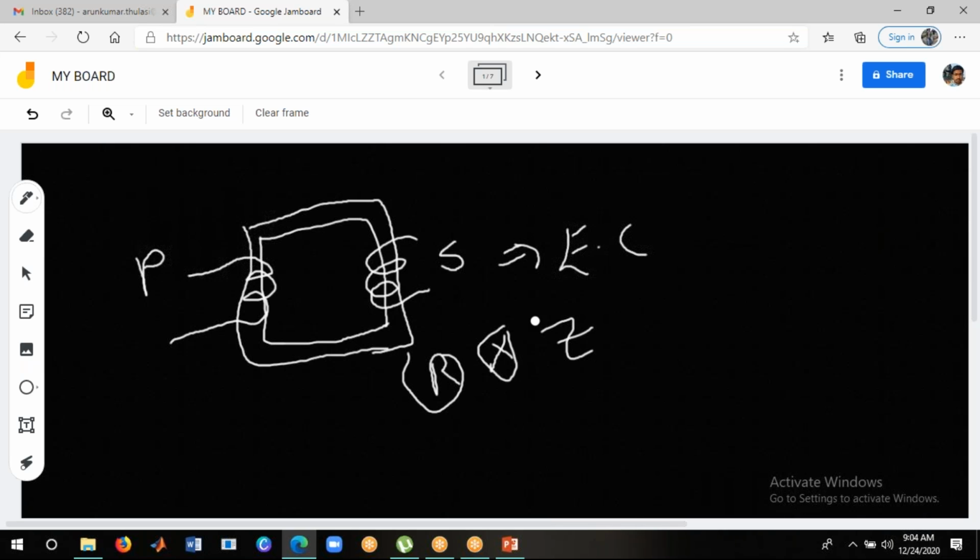The relation between them is Z equals R plus jX. Right, so this is the equation we need to find.